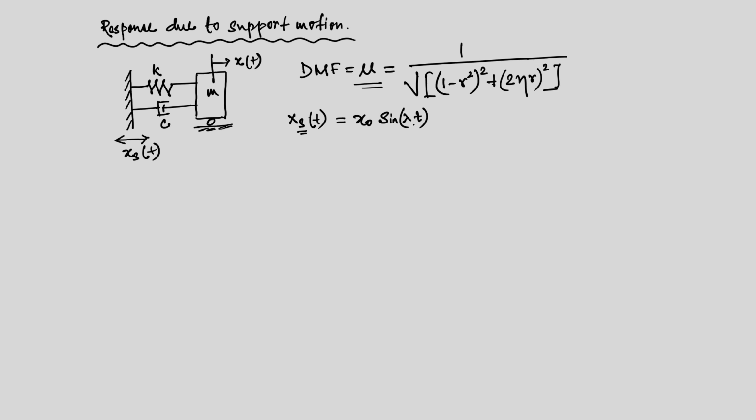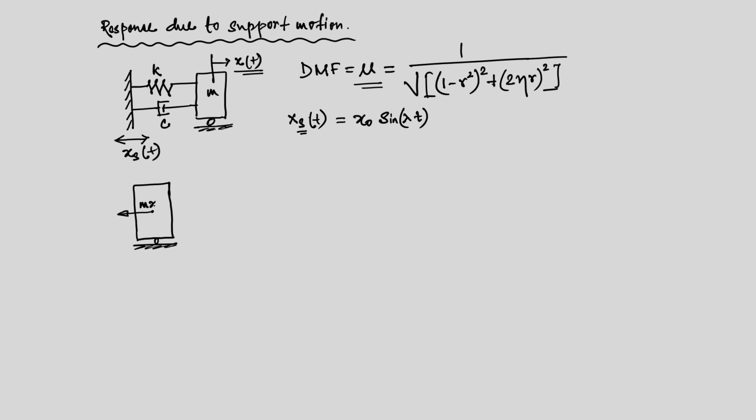Then our task is to find out this response quantity x of t. For that, again, we first draw the free body diagram of the mass. In this case there will be an inertia force. What is the magnitude of this inertia force?